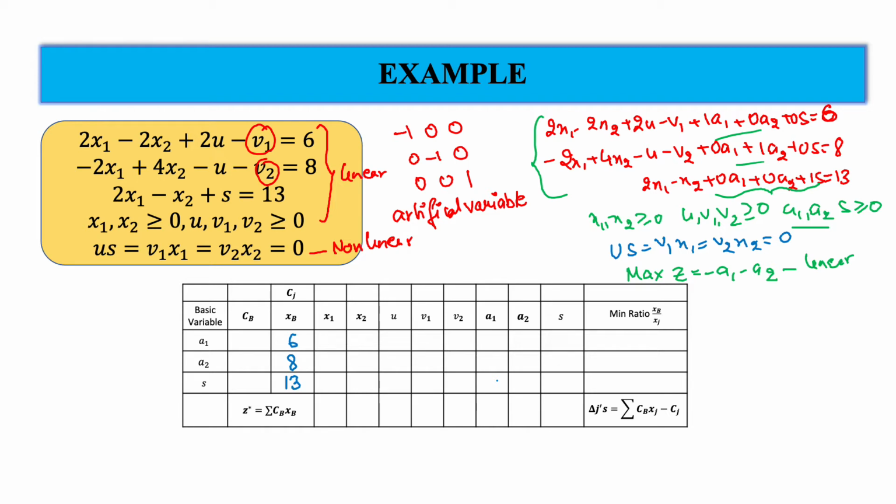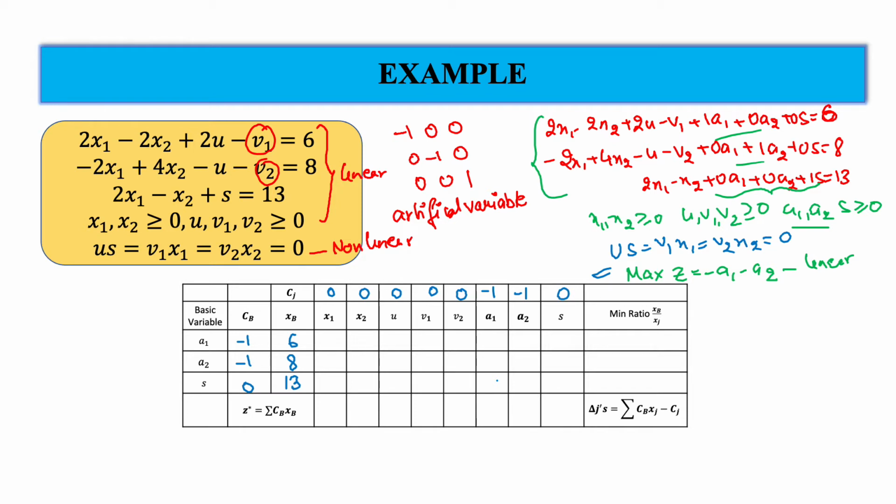Now you find the coefficients in the objective function. For a1 it is -1, for a2 it is -1, for s it is 0. Similarly, here we will write these variables' coefficients in our objective function: x1 is 0, x2 is 0, u is 0, v1 is 0, v2 is 0, a1 is -1, a2 is -1, and s is 0.